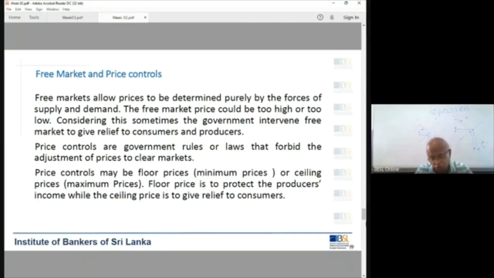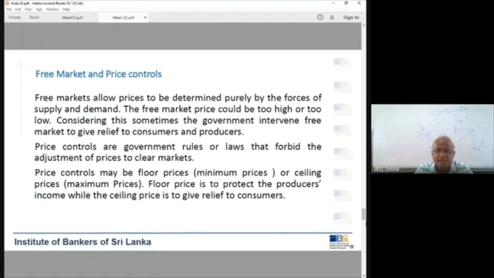There are a large number of gazettes, the minimum wage laws. The labor department legally defines the minimum wage. Another example is the minimum price for paddy.